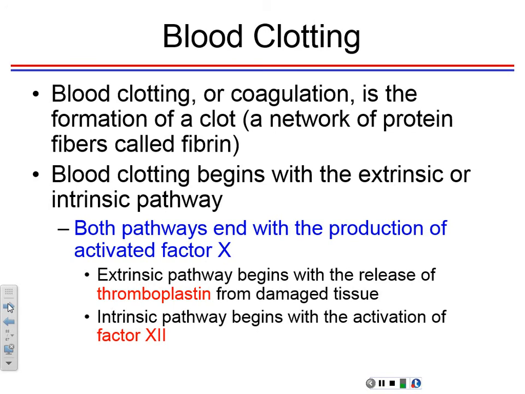It starts intrinsically where when blood comes into contact with damaged tissue, it will activate Hageman factor, also called factor 12, right? Thromboplastin is extrinsic from the damaged tissues, and both of these mechanisms will converge when factor X, factor 10, is activated, and then it becomes a common pathway for blood clotting.